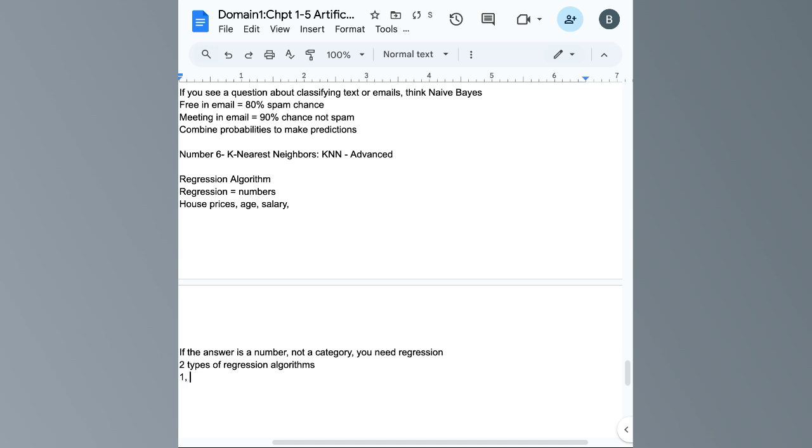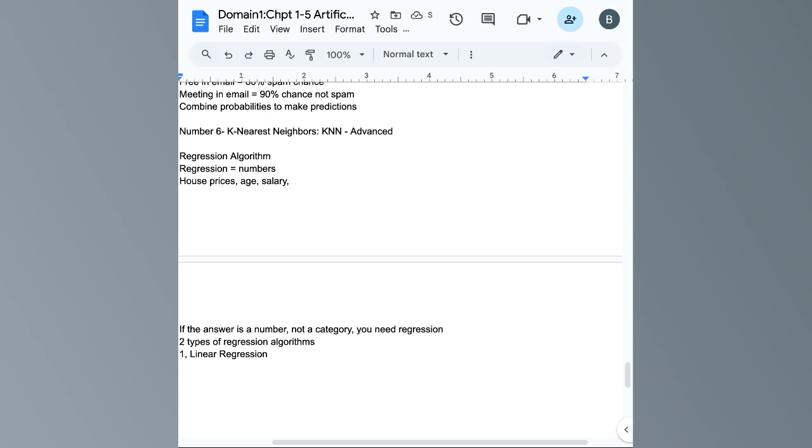One is linear regression, and the second is polynomial regression. Linear regression fits a straight line through the data and finds the relationship between inputs and output. Example, as square footage increases, price increases.